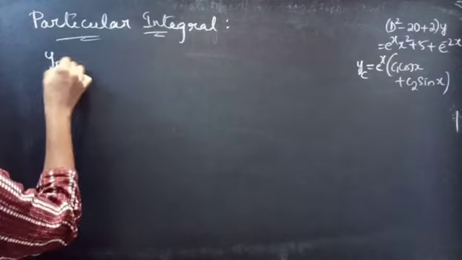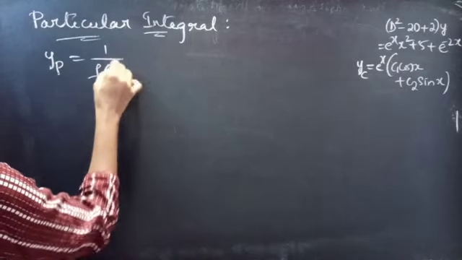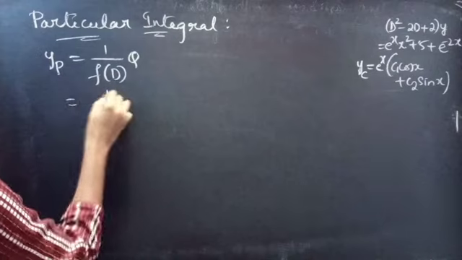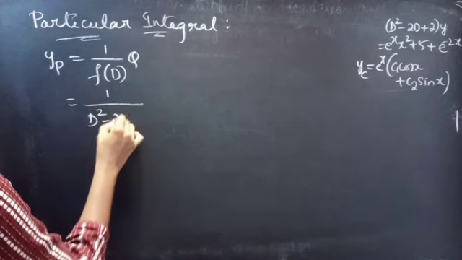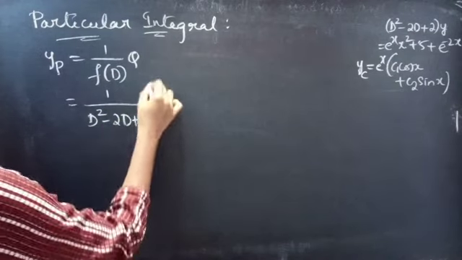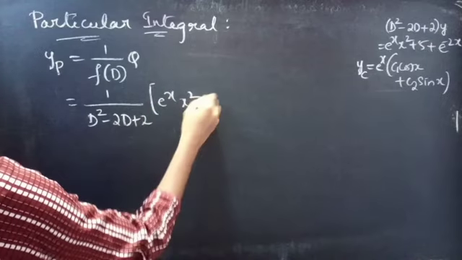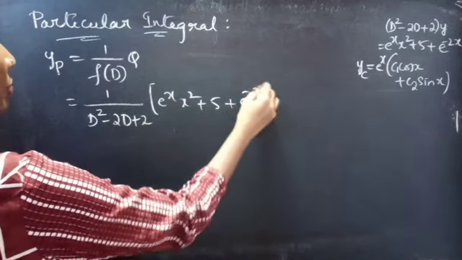We'll find the particular integral using 1 by f of D into Q. We have f of D and Q where f of D is D square minus 2D plus 2 and Q is e power x square plus 5 plus e power minus 2x.